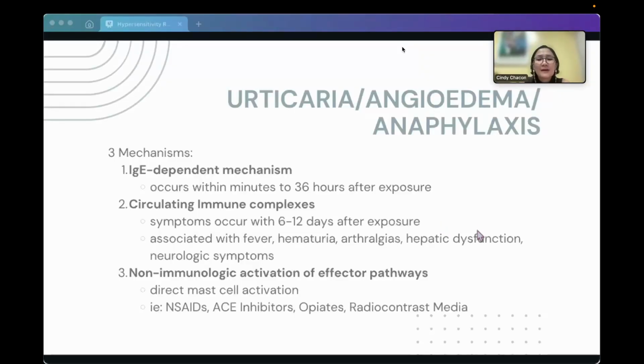These reactions take a bit longer to manifest, and symptoms will usually be observed within 6 to 12 days after first exposure. In these types of reaction, urticaria may be accompanied by fever, hematuria, arthralgias, hepatic dysfunction, and neurologic symptoms.